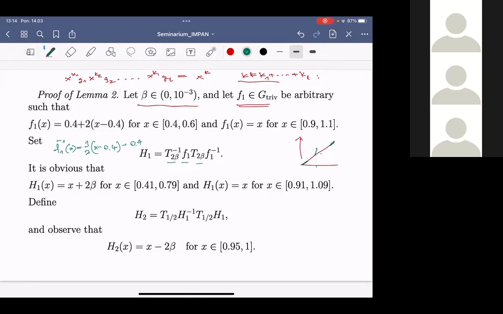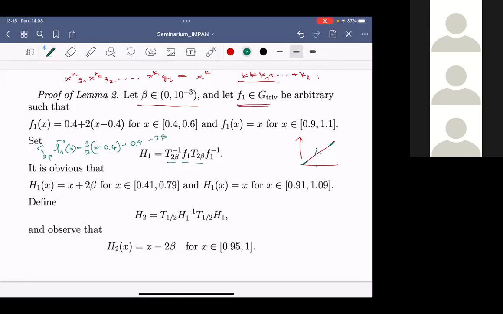On this interval from 0.41 to 0.79, this will be this formula for the inverse. So we take the composition with 2 beta, so this will be plus 2 beta.